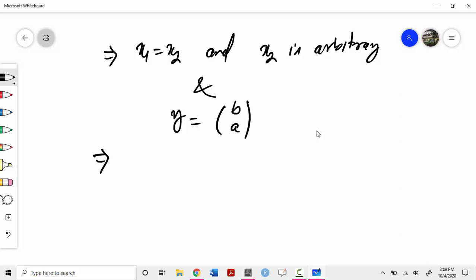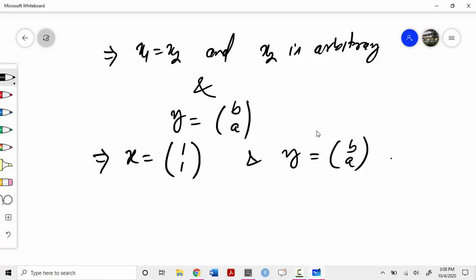This implies x equal to (1, 1) and y equal to (b, a).